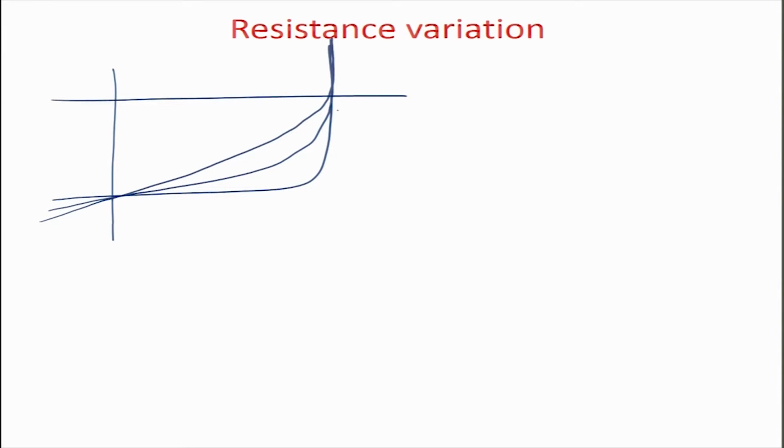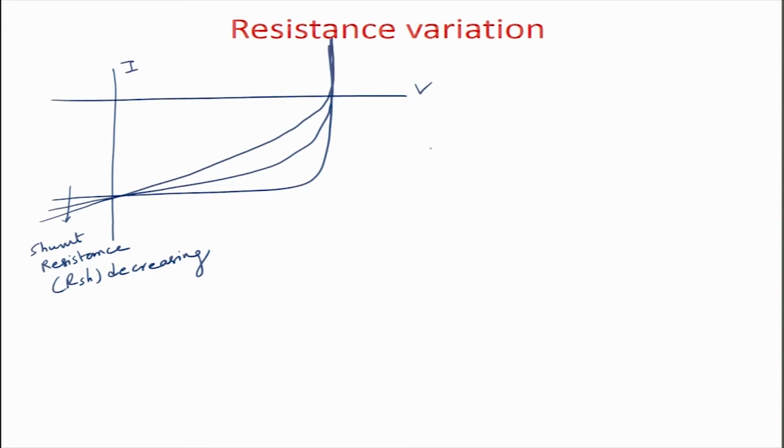There is no change in series resistance, but you have a change in the shunt resistance. So, this is shunt resistance RSH decreasing, because here the slope is increasing. So, this is the effect of shunt resistance.